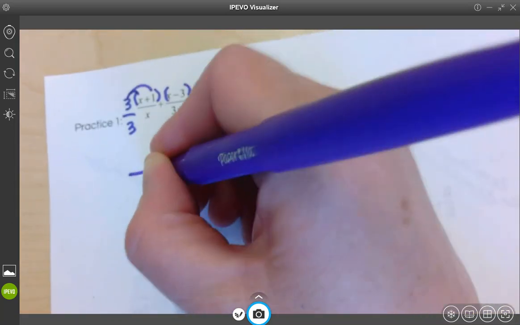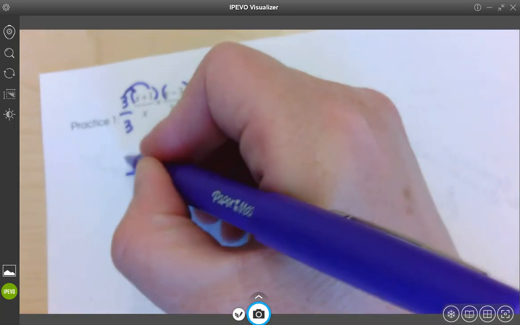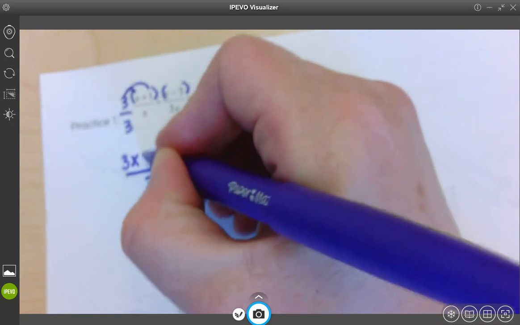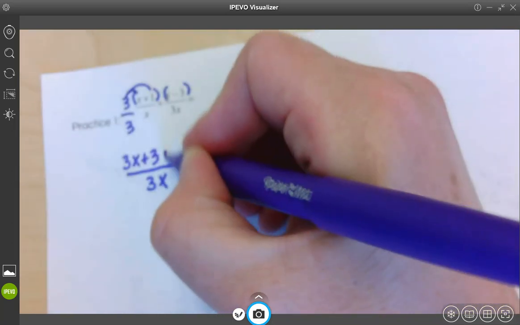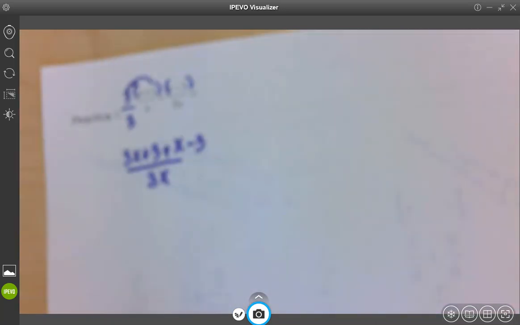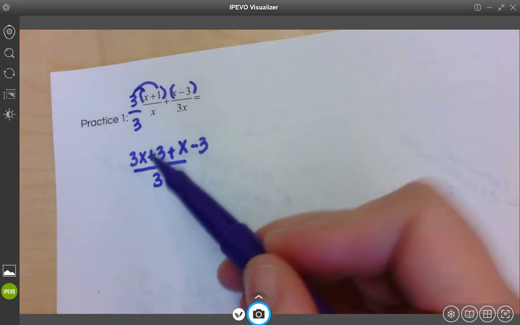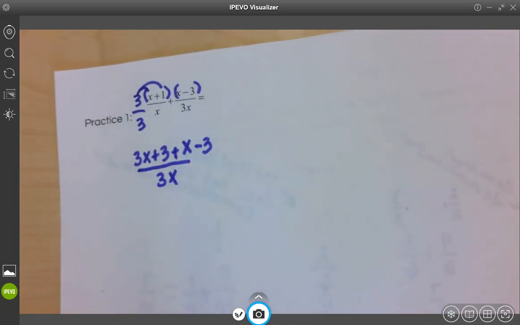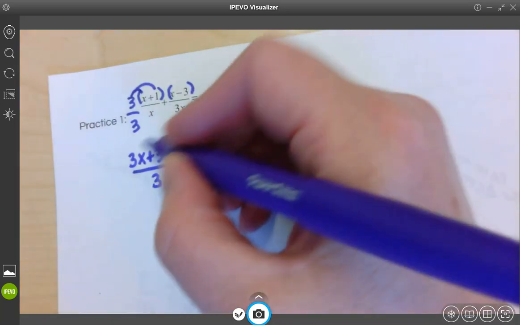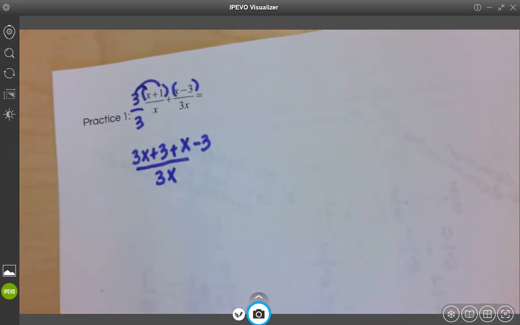So I have 3x in my denominator, and in my numerator I can distribute the 3 to get 3x plus 3, good. And then plus x minus 3. All right, so you notice that the plus 3 and the minus 3 do what?